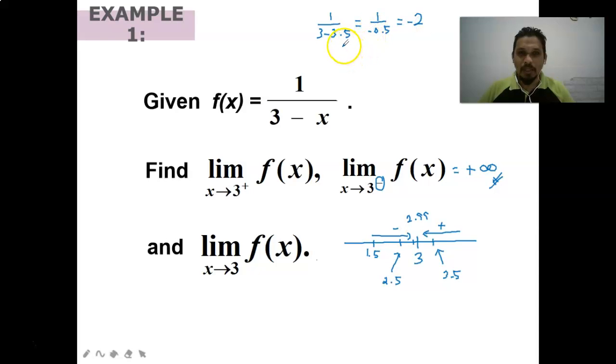Let's try another one: 1 divided by 3 minus, getting closer, 3.4, 3.3, 3.2, 3.1, 3.01, 3.001.